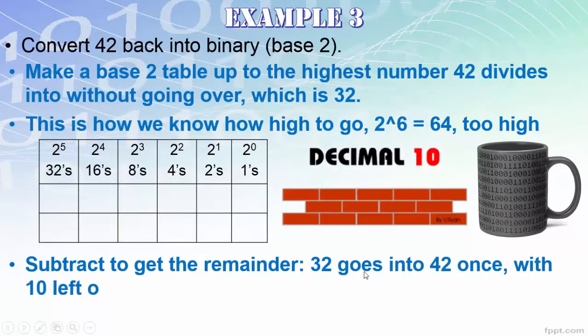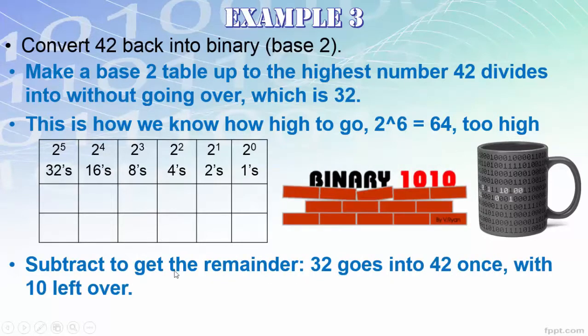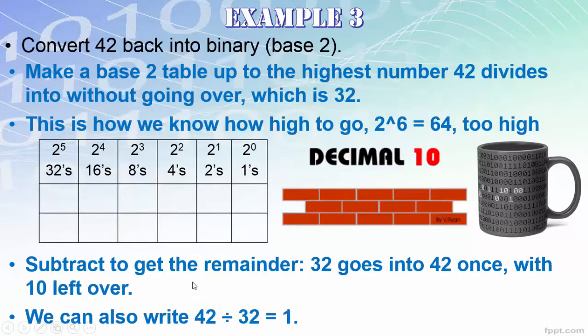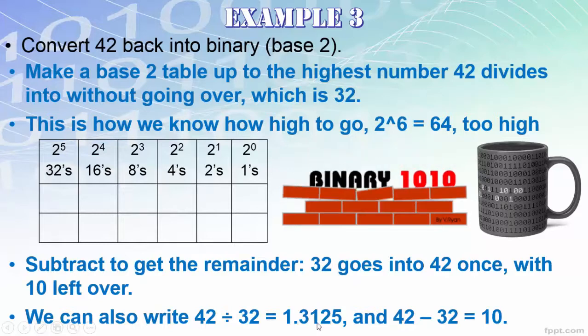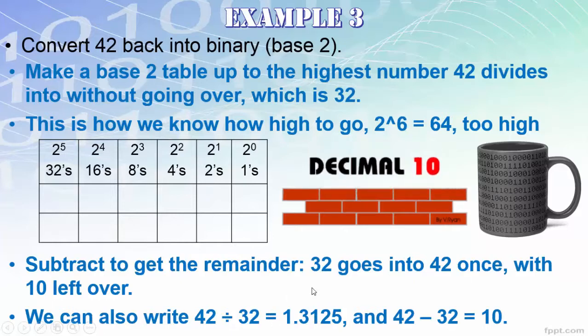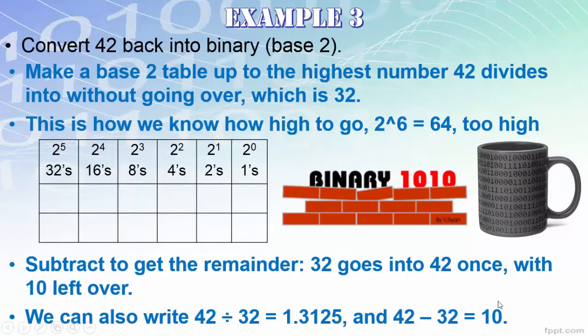So 32 goes into 42 once with a remainder of 10, or 10 left over. We can also write 42 divided by 32 is equal to 1.3125. That's the same thing, because if you're using your calculator, you'll get that. All you want is the 1, and then 42 minus 32 will give you the remainder.